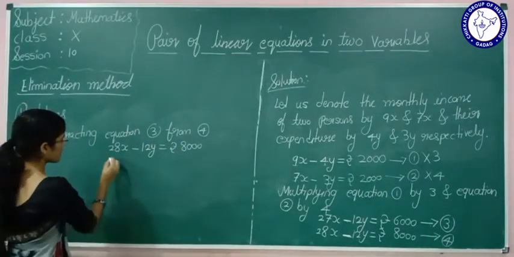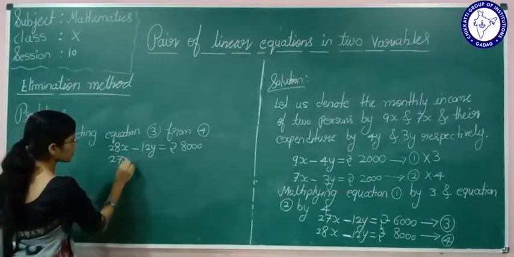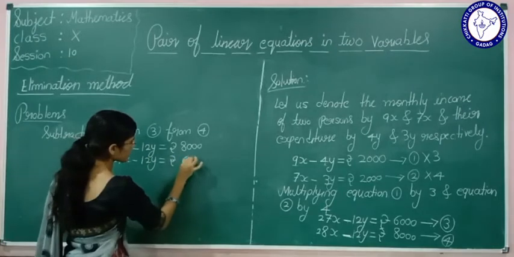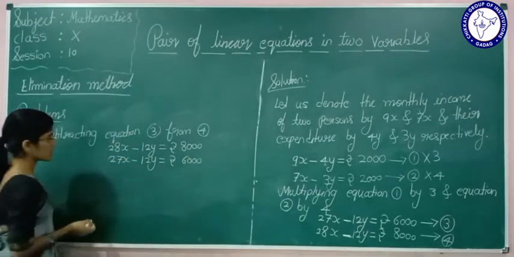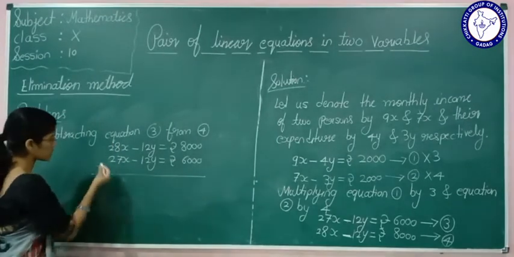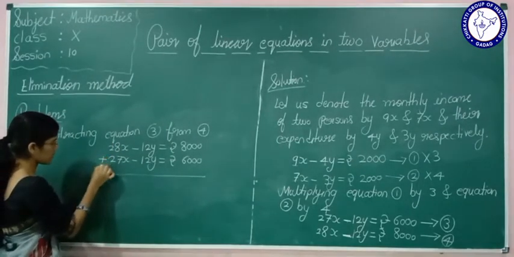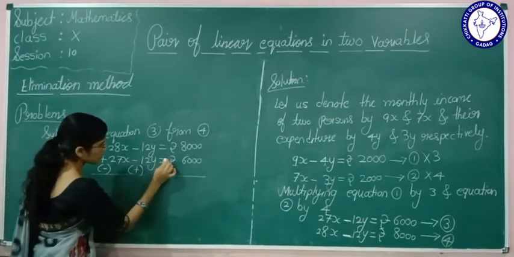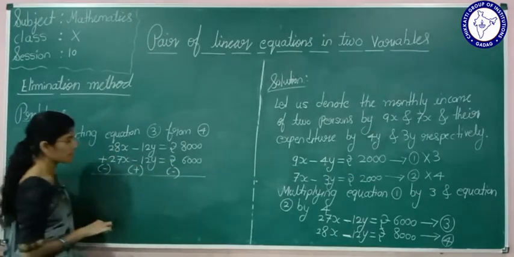Okay. 27x minus 12y is equal to rupees 6,000. Now see, I am subtracting equation 3 from 4, that's why we are going to change the signs here. Plus is there, means here minus. Minus is there, means here plus.